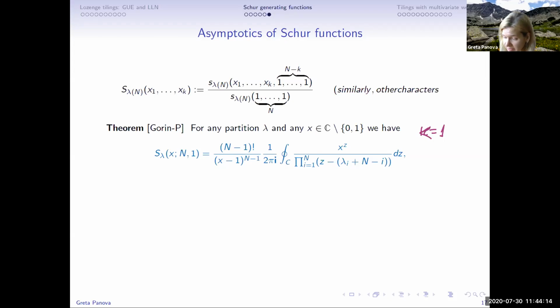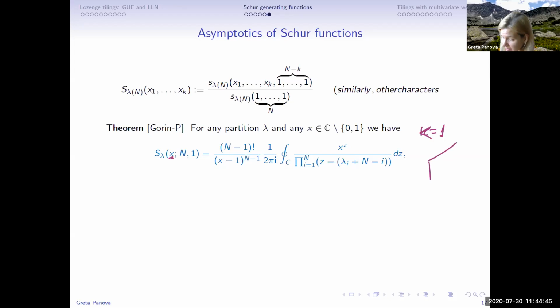And what we have here is that the normalized Schur function with just one variable, whatever lambda is, is this complex integral of this rational function here. And x is whatever formal variable we are using in the normalized Schur function.